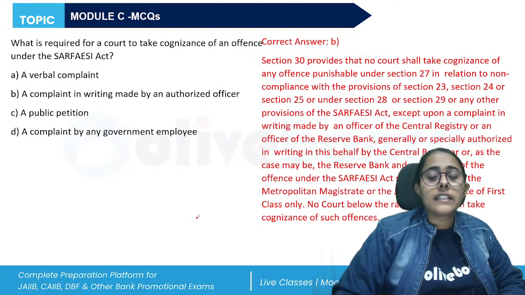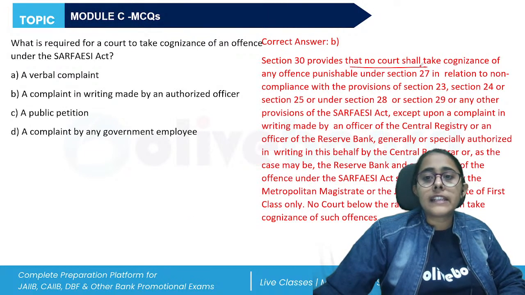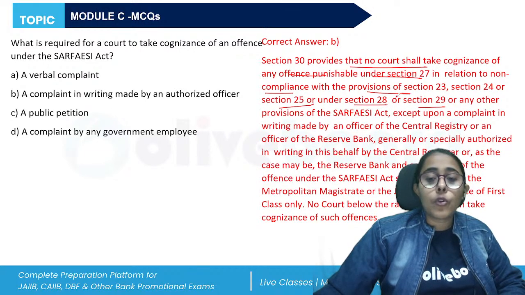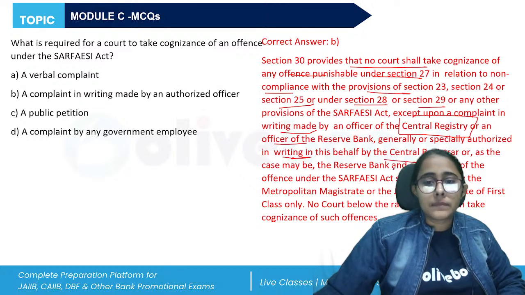Although section 30 says that no court shall take cognizance of any offence punishable under section 27 in relation to the non-compliance with the provision of section 23, 24, 25 or 29, there is an exception, only when the complaint in writing is made by the officer of the central registry or any officer that is authorized by the central registrar or the Reserve Bank.